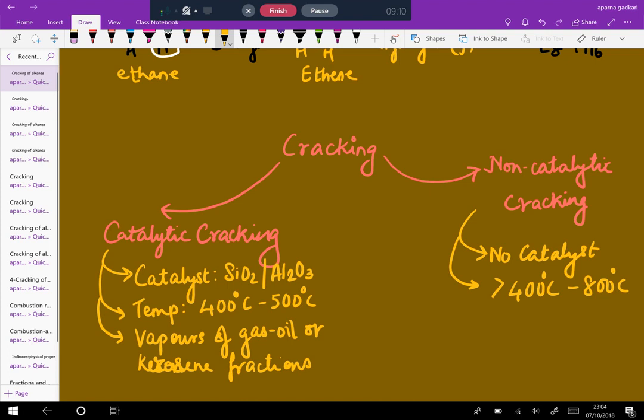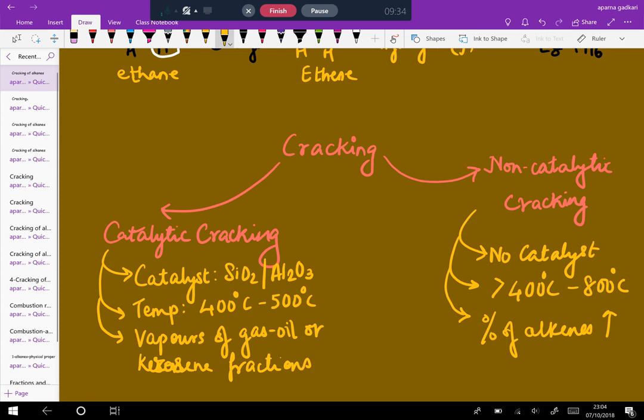With this kind of non-catalytic cracking, the percentage of alkenes is always higher. So you can get alkanes and alkenes, but you get a large number of alkenes. So this is the basic difference between catalytic cracking and non-catalytic cracking.